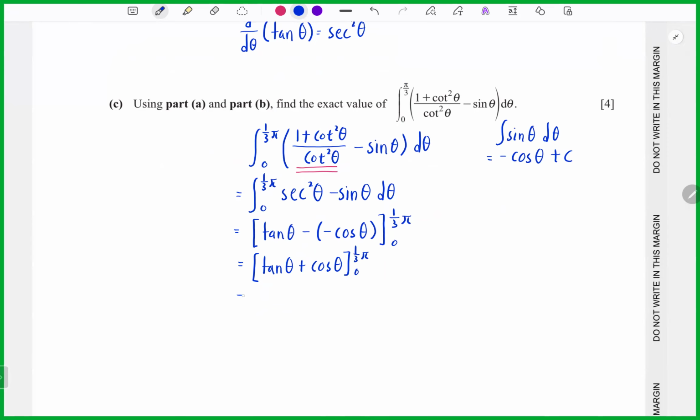You can first find tangent 1 over 3 pi plus cos 1 over 3 pi, minus tangent 0 plus cos 0.